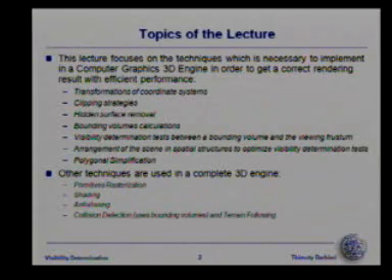Very often, before doing specific operations, we prefer performing a change of coordinates, a change of reference sets, in order to perform some sort of processing more easily. For example, clipping.